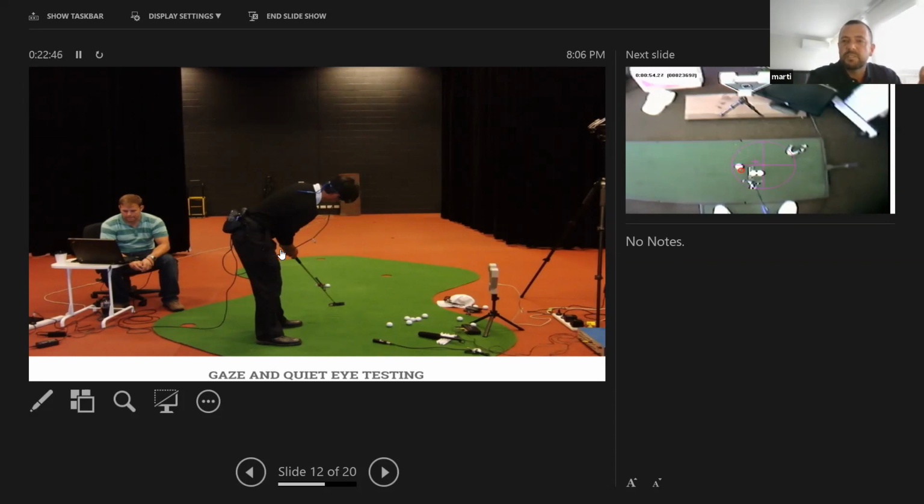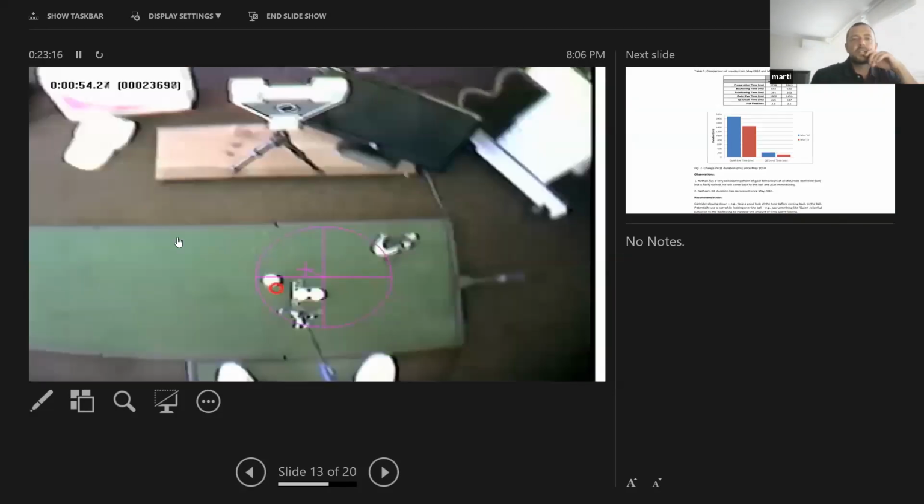Some of what we looked at around quiet eye, and I know there's quite a bit of research out there, is effectively, you can see one of the guys we've got set up there with the Putt Lab. It was more about where they looked and how they looked, and where execution is and where the eyes sit in space, which you'll see in this video.